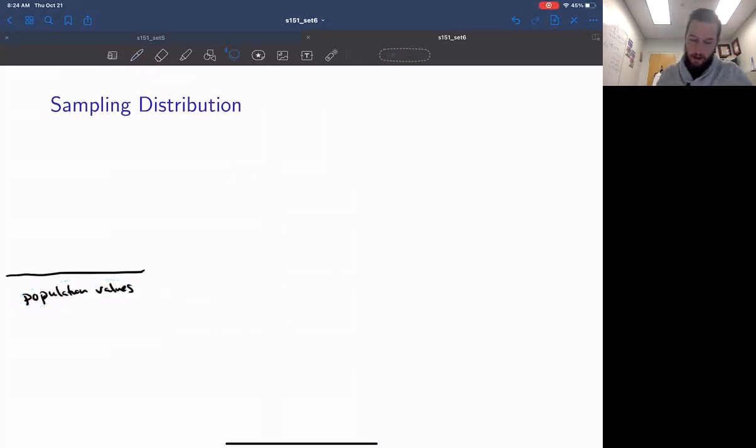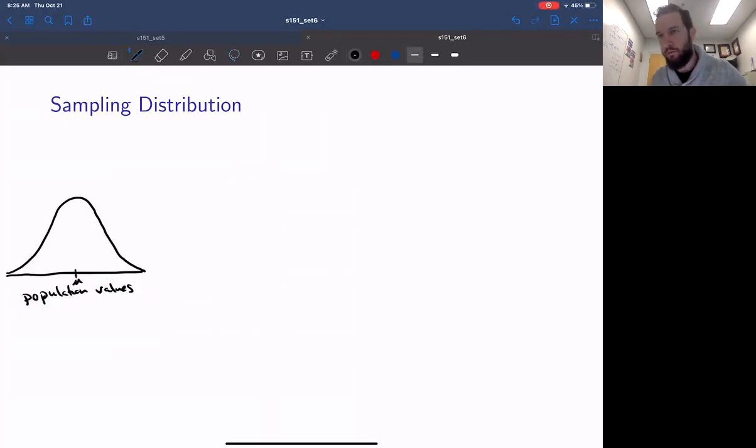Let's suppose, just for simplicity's sake, that this population follows a normal curve.